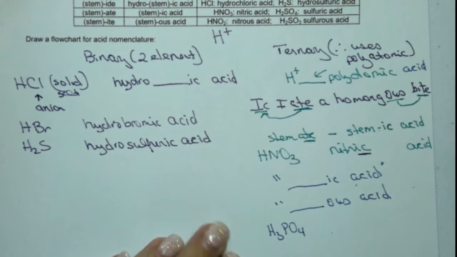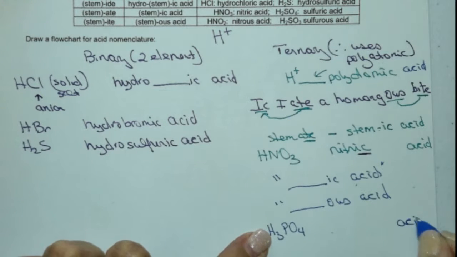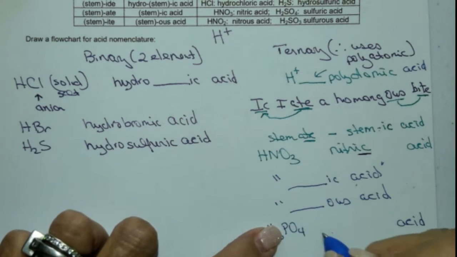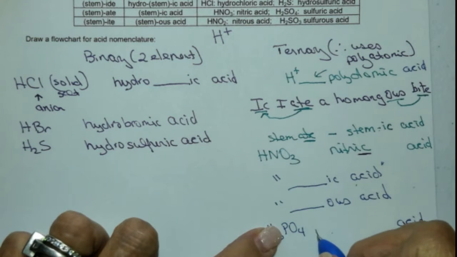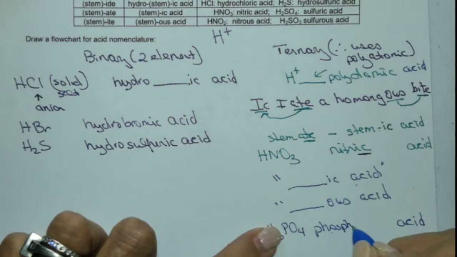H3PO4. I see I have hydrogen, so I'm going to write acid. It's an acid. That's my clue. PO4 is phosphate. So I'm going to use this stem and go to "ic." This is phosphoric acid. It is not phosphic.